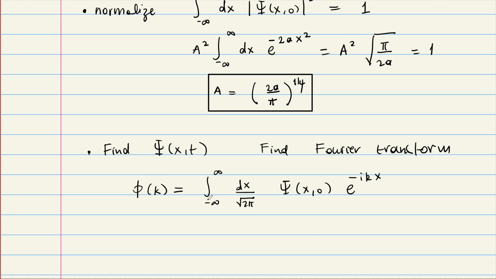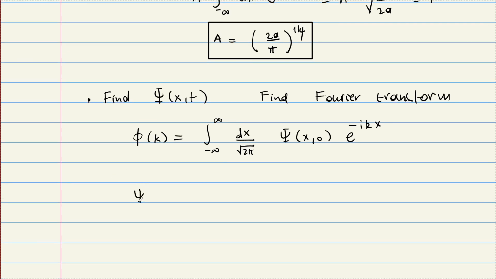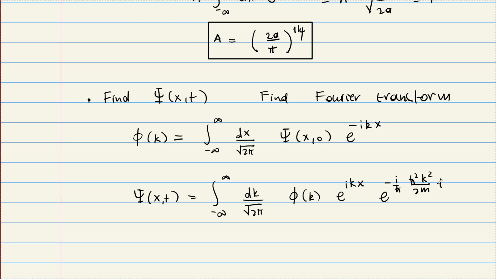And once we do that, I am going to calculate this phi of k in a little bit. And once we do that, psi of x comma t is going to be the integral from minus infinity to plus infinity dk over 2 pi, phi of k, e to the i k x, and e to the minus i over h bar times h bar squared k squared over 2m times t. So this is exactly your linear combinations, but in continuous variable k. Good.